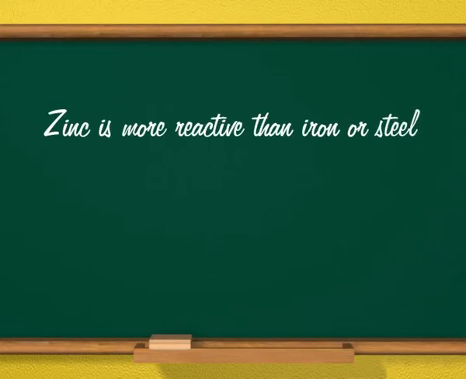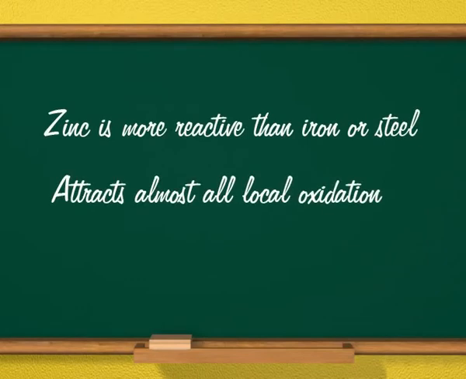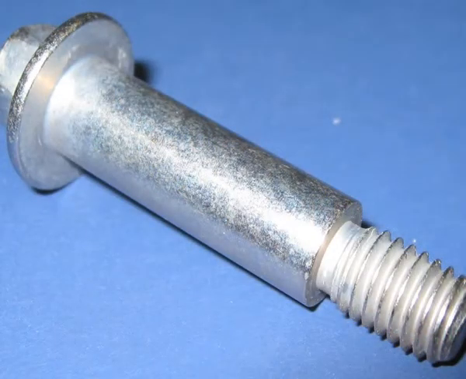Zinc is more reactive than iron or steel and thus attracts almost all local oxidation until it completely corrodes away. A protective surface layer of oxide and carbonate forms as the zinc corrodes. This protection lasts even after the zinc layer is cracked, but degrades through time as the zinc corrodes away.